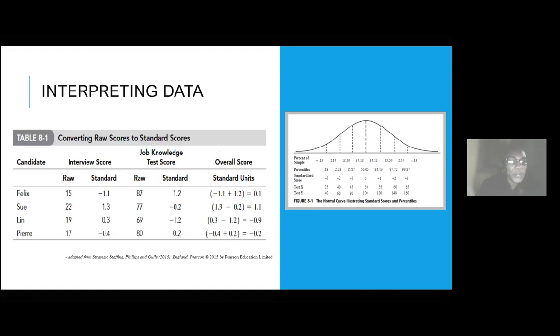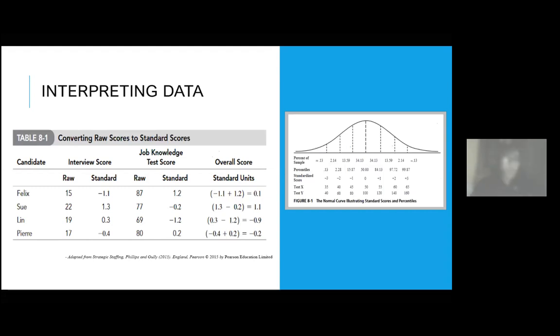I compare her with Pear, and I think I like Pear for some reasons, because Pear got a job knowledge test of 80, but he had an interview score of 17, which gave him a standard score of a negative 0.4. When his overall standard score was calculated, he got a negative 0.2. But there are cases where, and Philip will elaborate on that, the interview process had different conditions.